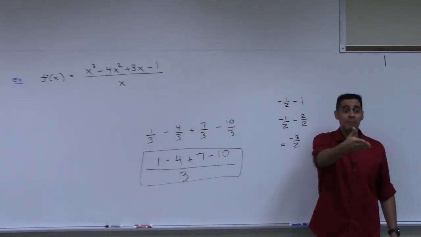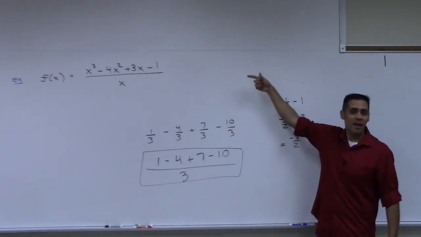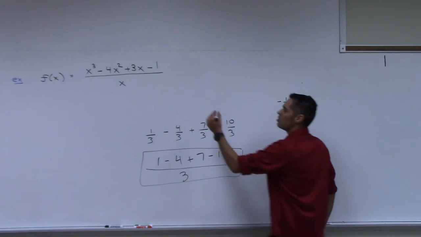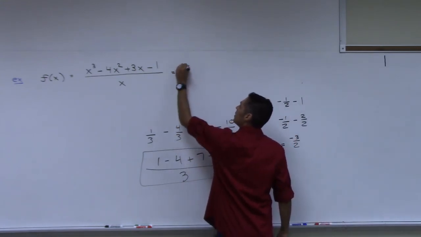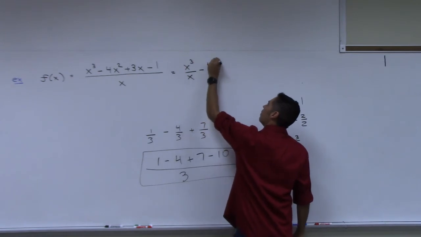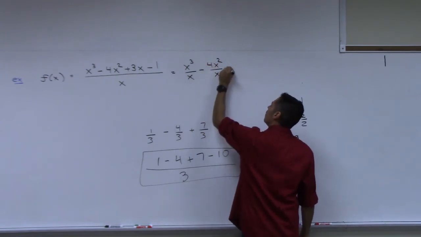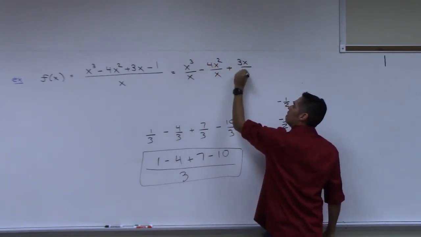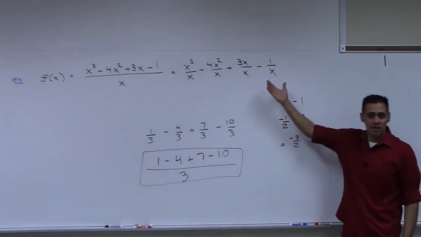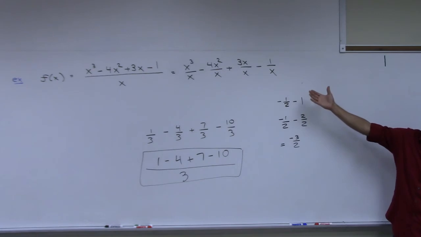You would have the same result if you brought that up as a -1 and distributed through, but that's not usually the more common approach. So I'm going to split this up like this. Is everyone okay that this is a legitimate algebraic move that I just made? That's fair?